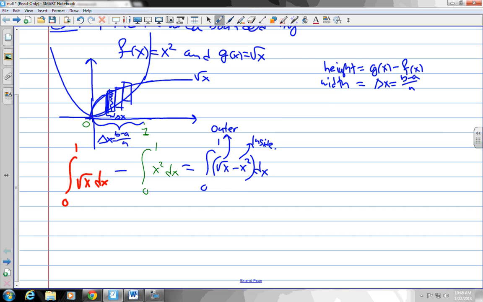So the area of one of those rectangles would be g of x minus f of x times delta x, right? Length times width. Then if I want to add all of those rectangles up, we do something like this: the sum from 1 through n of g of x sub i, whatever your partition is, left point, right point, that won't matter, as you know from Calc 1.